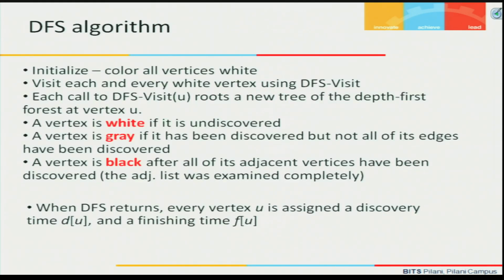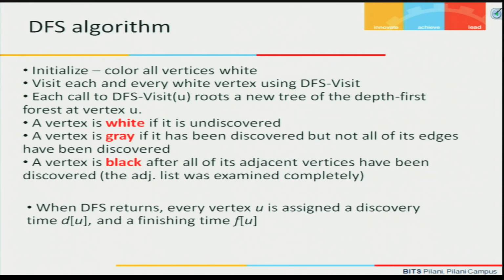So, the DFS algorithm is going to initialize all vertices with white, and visit each and every white vertex using DFS visit. A vertex is white if it is undiscovered, you will mark it as gray if it has been discovered, but not all of its edges have been discovered. A vertex is going to be black after all of its adjacent vertices have been discovered or the adjacency list has been exhausted completely.